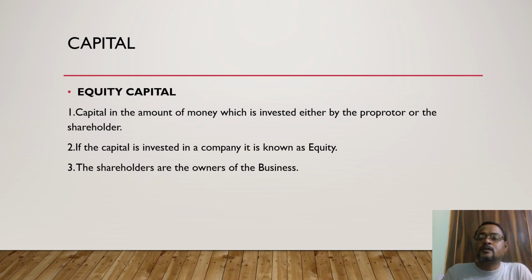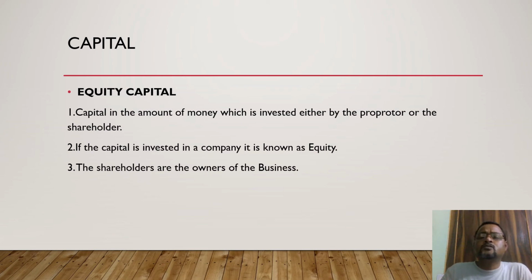Proprietor is the owner of the business, which is a single owner business, proprietorship. But in case of a firm, in case of a big company, there can be a lot of shareholders, because not one shareholder or 5 shareholders or 100 shareholders can contribute towards all the capital of a big business like Apple Inc. or Samsung. There are millions of shareholders of Apple Inc.